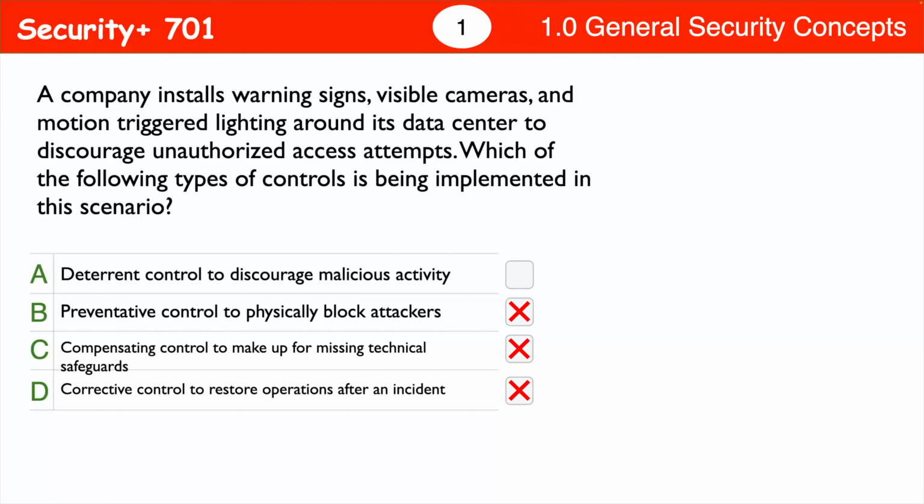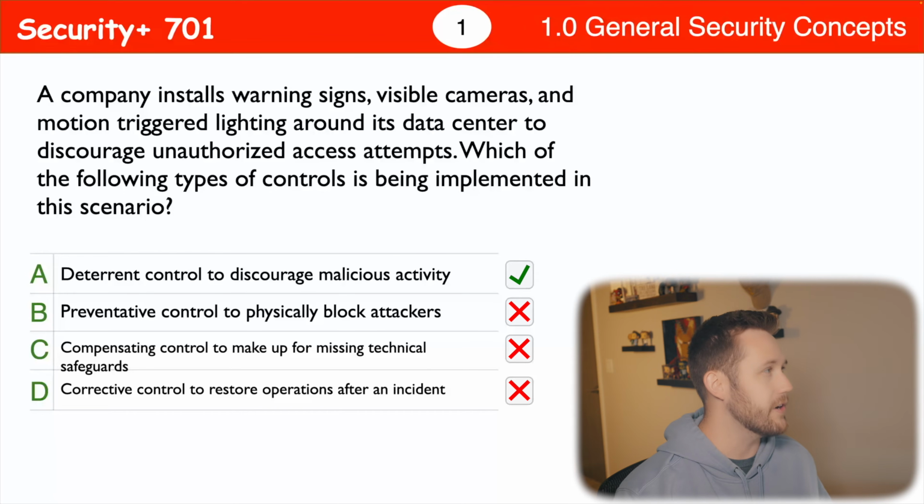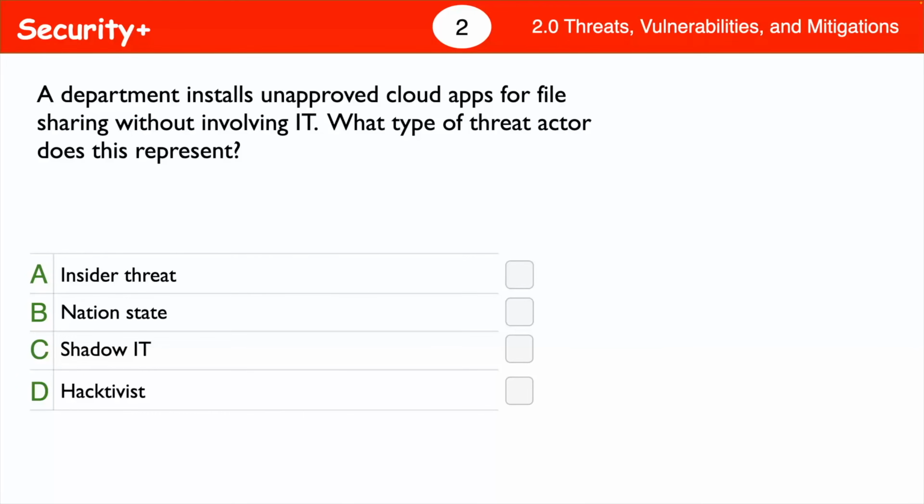Okay? So that leaves us with A, deterrent control. And a deterrent control, they are meant to influence behavior, not directly stop it. Something like warning signs and visible cameras, those are things that make people think twice.